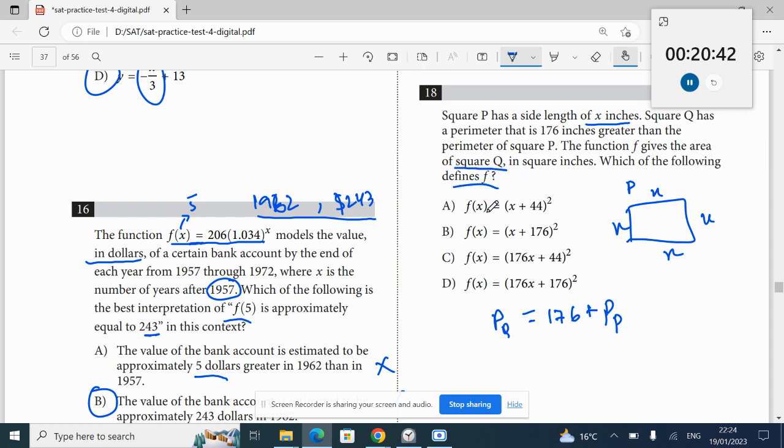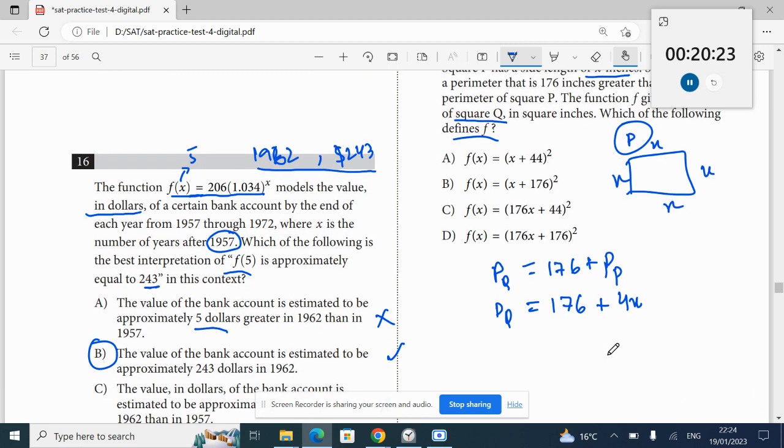Which of the following defines f? We know that the perimeter of square P is 4x, right? So 167 plus 4x is the perimeter of Q.